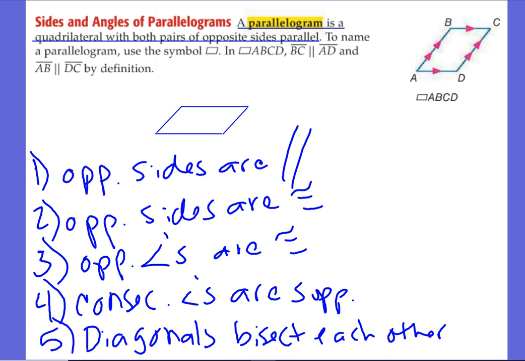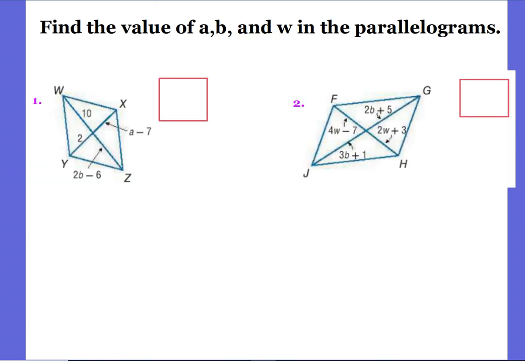Now let's do some application. In the following diagram, we have a parallelogram, and it wants us to find the values of A and B. Since this is a parallelogram, my 5th characteristic says the diagonals bisect each other, meaning that these two are congruent and these two segments are also congruent, respectively.